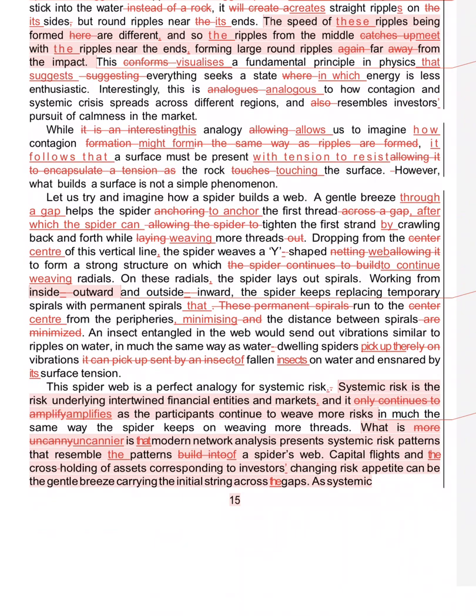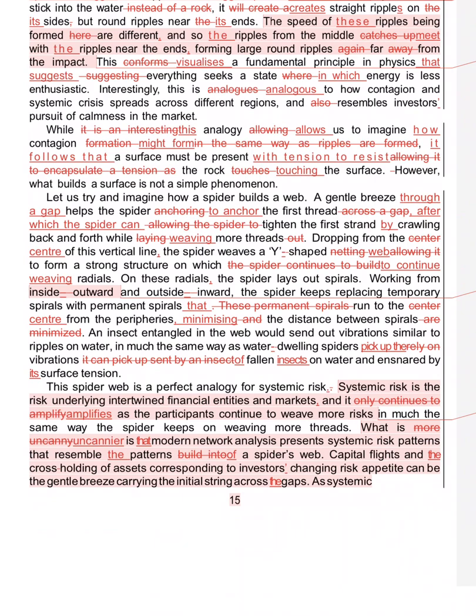An insect entangled in the web would send out vibrations similar to ripples in water. In much the same way as water-dwelling spiders rely on vibrations it can pick up, sent by an insect fallen on water and ensnared by surface tension. Not a very nice sentence. Entangled in the web, send out vibrations similar to ripples on water. Fine. In much the same way, fine, as water-dwelling spiders pick up the vibrations.